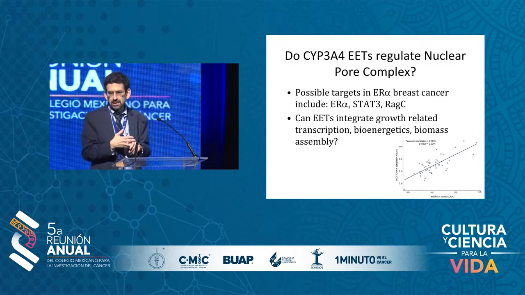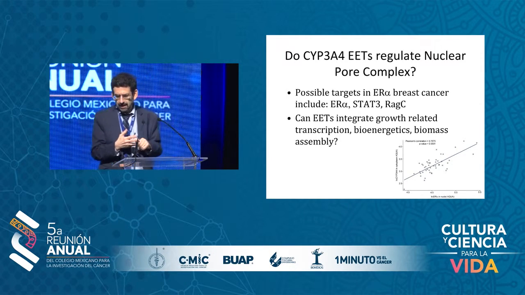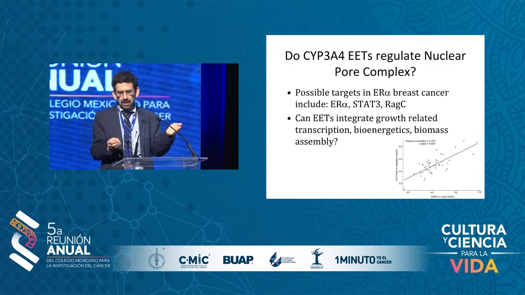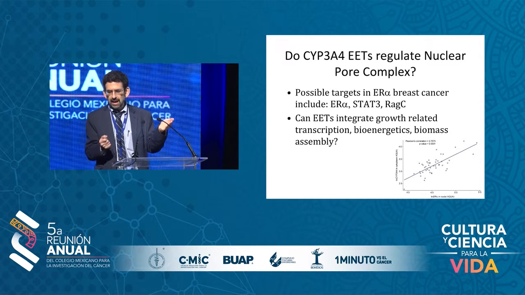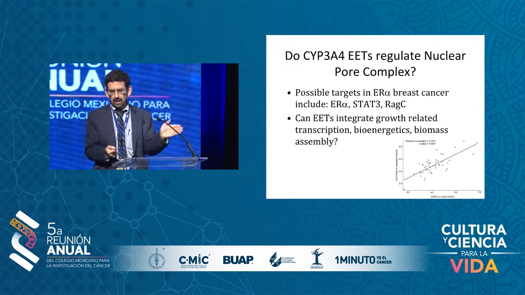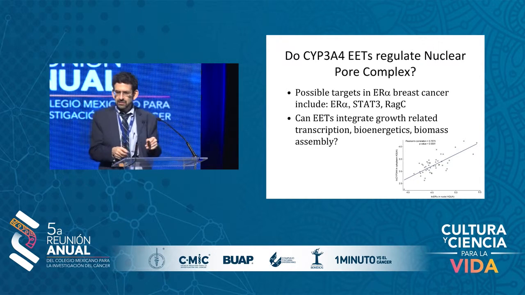So in collaboration with Daphne Thomas at the University of Michigan and Bae Young at Daegu, Korea, we have done aqua immunofluorescence of CYP3A4 and estrogen receptor alpha in the nucleus, and we found a very strong correlation between nuclear ER alpha and CYP3A4 in the cytoplasm of breast cancer patients.